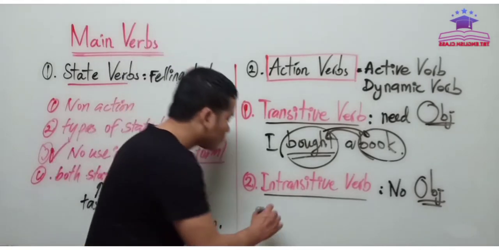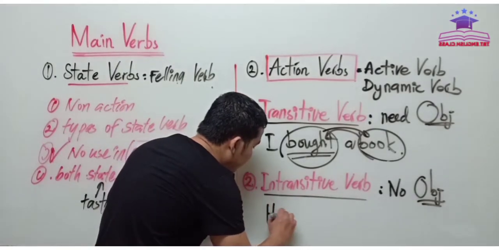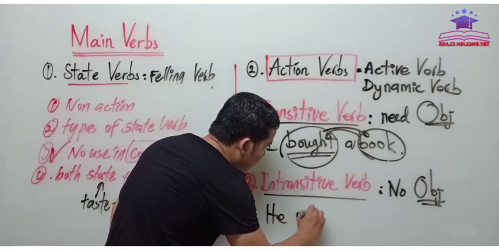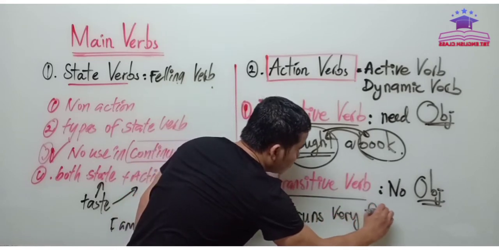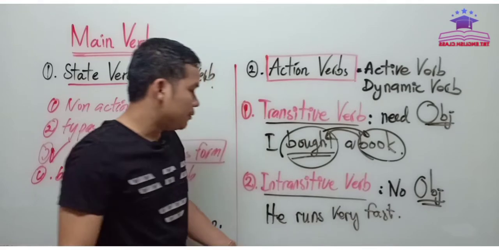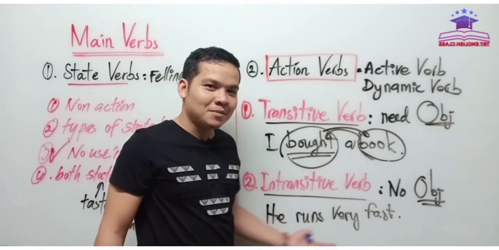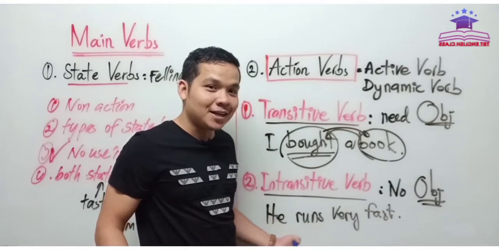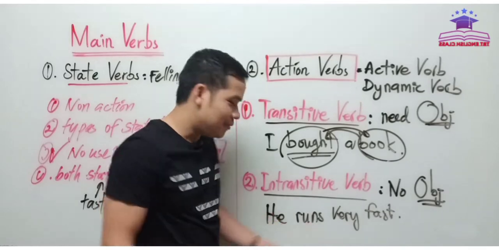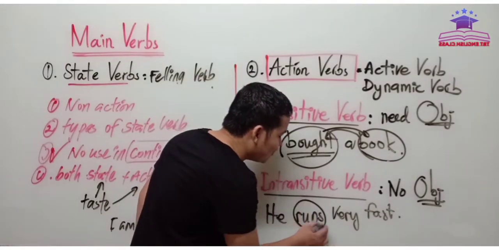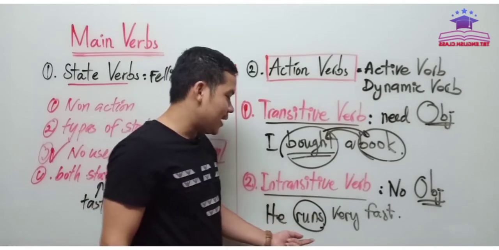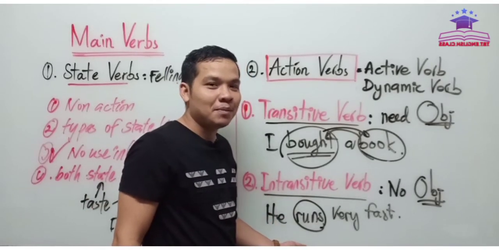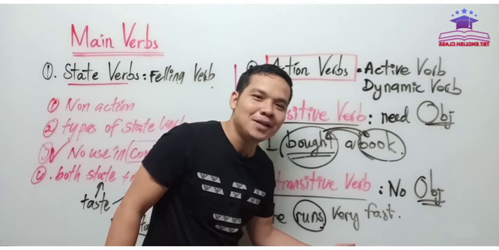Another one. He runs very fast. He runs very fast. You can see, where is the object in this sentence? You see the object, everyone? No, we don't have an object. We have only the action verb runs. Here we can see he runs very fast. So run is the action verb in this sentence, but we don't see an object in this sentence.